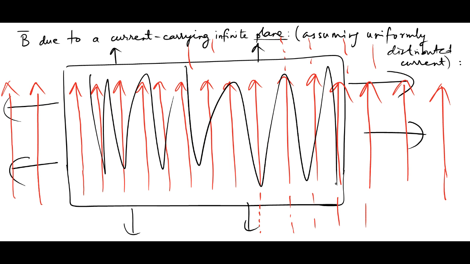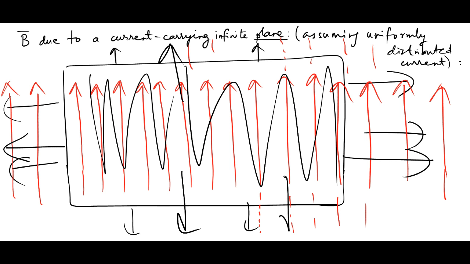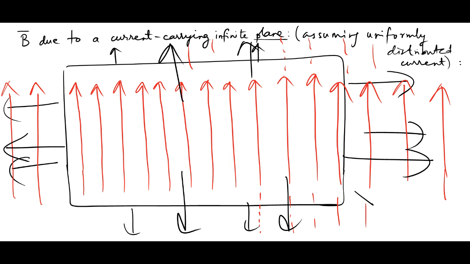Current is flowing like a river, and the only thing is that the river has infinite breadth and infinite length, and it has zero thickness. So the water or the current which is flowing doesn't have any thickness perpendicular to the plane of the screen. So that's another way you could visualize what I mean by a current carrying infinite plane.